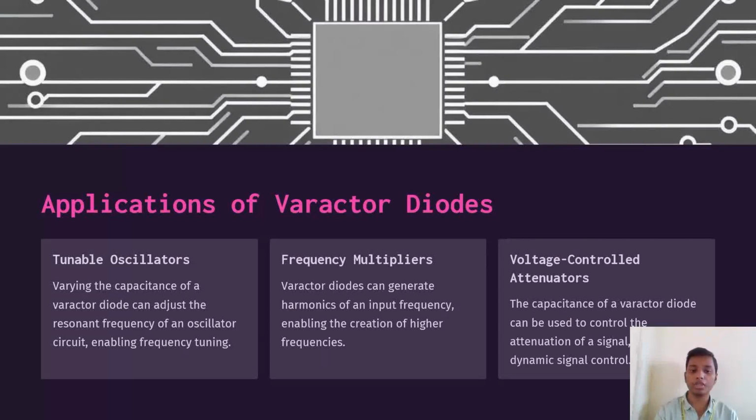Varactor diodes can generate harmonics of an input frequency, enabling the creation of higher frequencies. Voltage control attenuators. The capacitance of a varactor diode can be used to control the attenuation of a signal, enabling dynamic signal control.